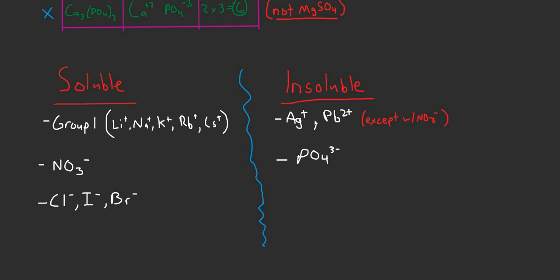So, generally things bonded to silver and lead are not soluble, except when they're bonded to nitrates, because nitrates are very soluble. So if you see lead nitrate or silver nitrate, think of those as soluble. Anything else, I would think of it as insoluble. And phosphates are generally going to be insoluble. So that's sort of your bottom line on solubility.